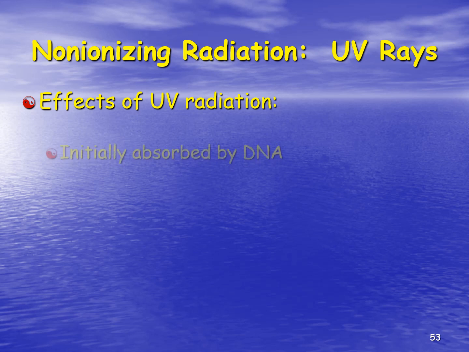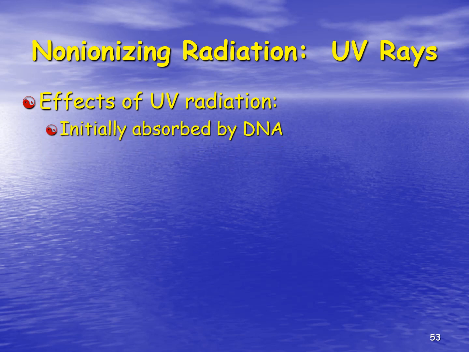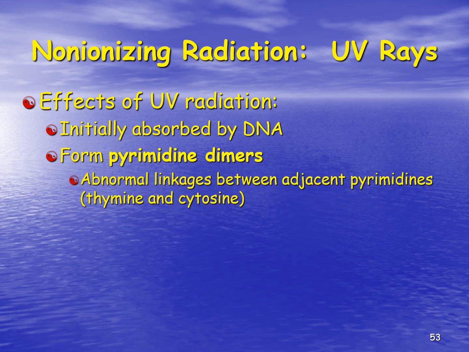The effects of UV radiation are initially absorbed by DNA molecules, where this will sometimes form something known as pyrimidine or thymine dimers. These are abnormal linkages between adjacent pyrimidines, either thymine or cytosine.